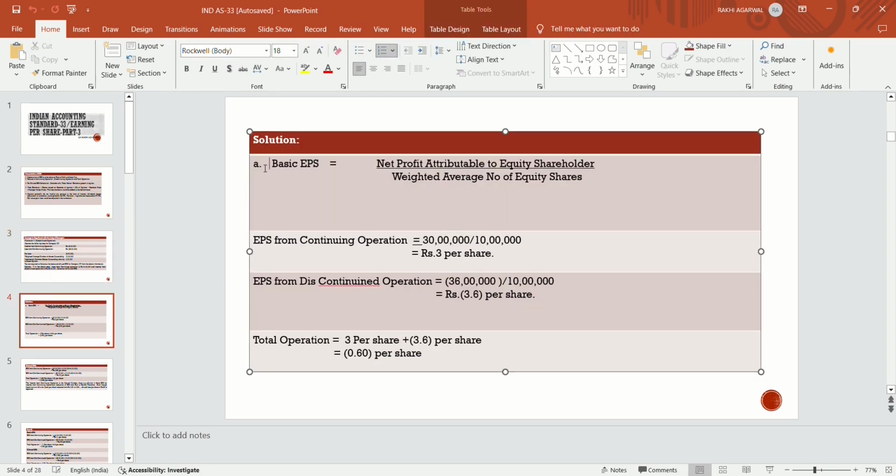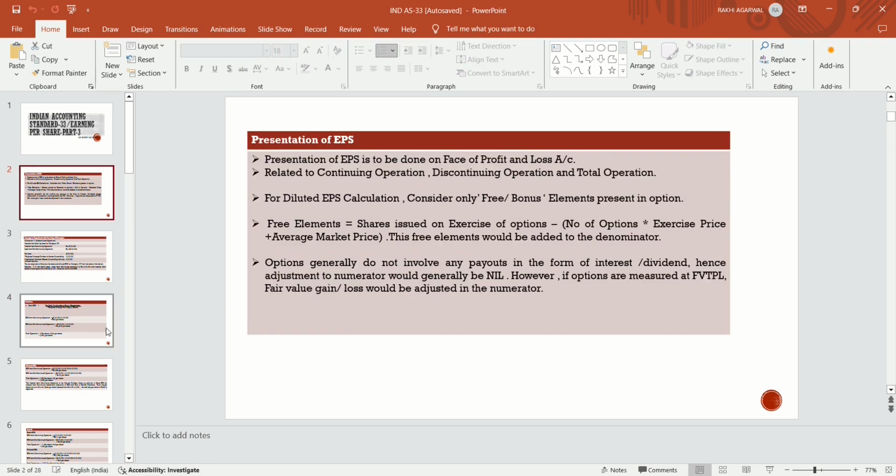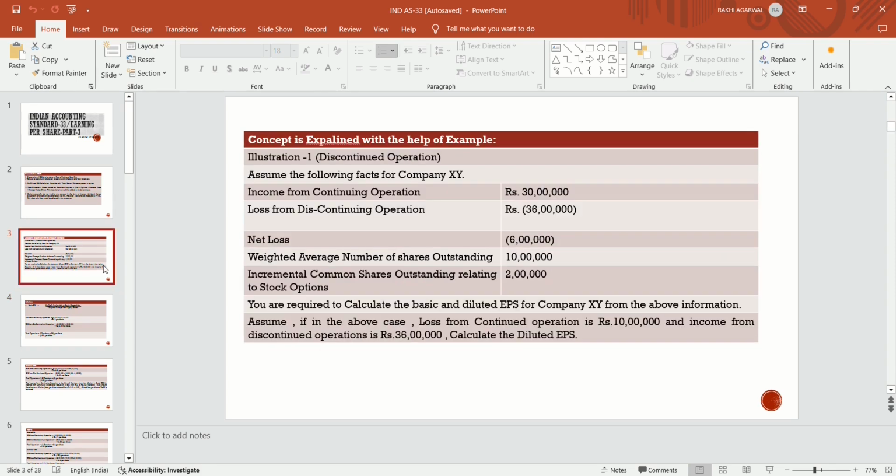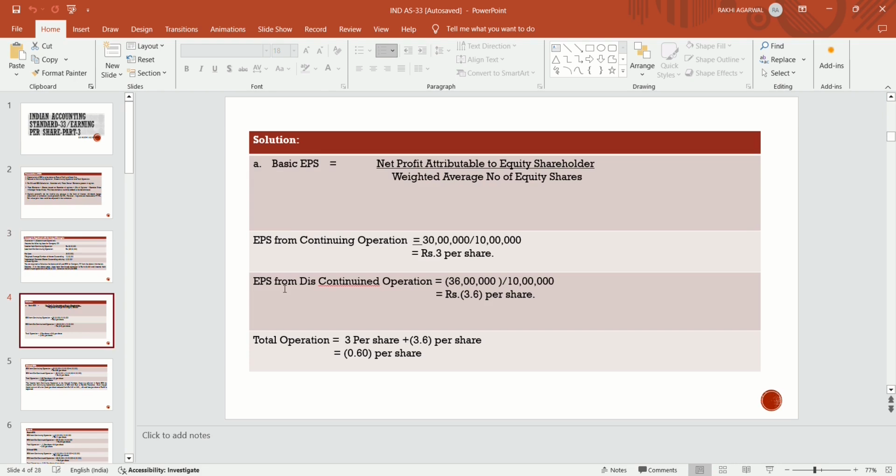In case of part A, that is basic EPS, means net profit attributable to the equity shareholders divided by weighted average number of equity shares. So EPS from continuing operation: the weighted average number of shares outstanding given in the question is 10 lakh. So basic EPS from continuing operation is 30 lakhs divided by 10 lakhs, so it becomes rupees 3 per share.